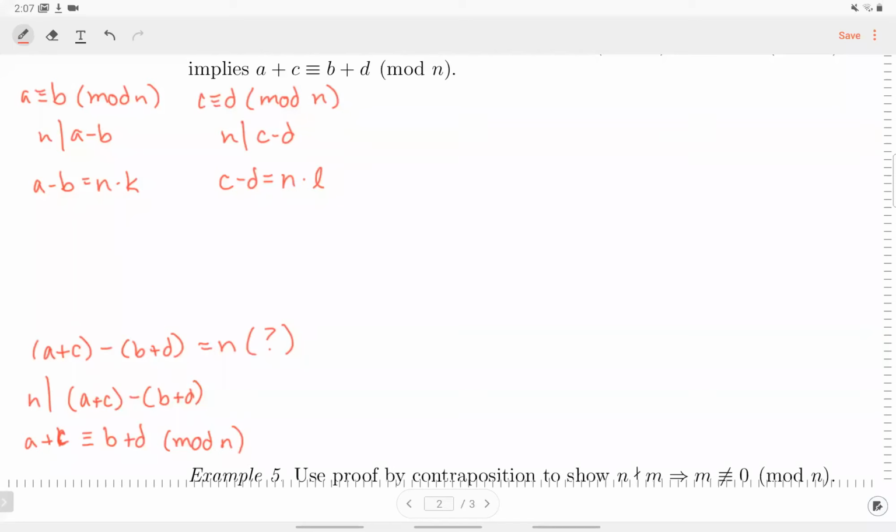All right. Anyone see how I can connect the gap between the two parts? Yeah, so you actually don't even have to solve for A and C, but your idea of just adding them together works, because this is A plus C minus B minus D. Everybody see that? If I add these two equations together, I get A plus C minus B minus D equals NK plus NL.